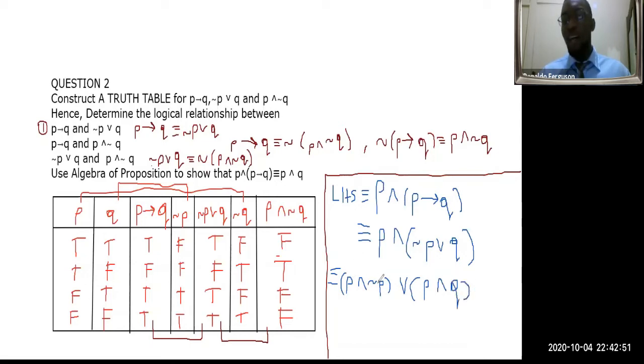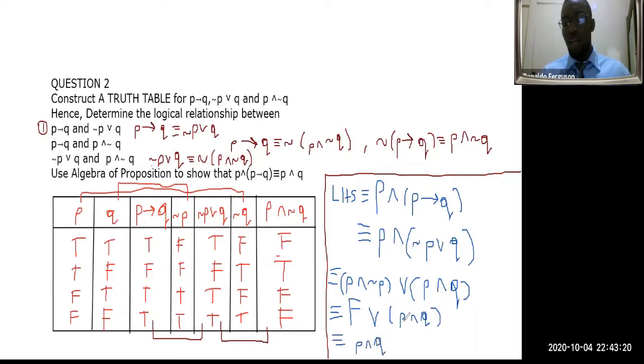Now P and not P is always false. Remember we said P and not P is false. If P is I am inside and not P is I am outside, I cannot be inside and outside at the same time. So this is false, or P and Q. Now false or P and Q just leaves P and Q. Why is that so?